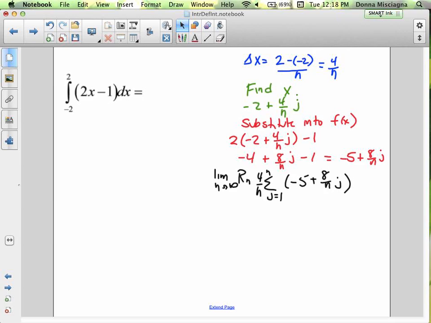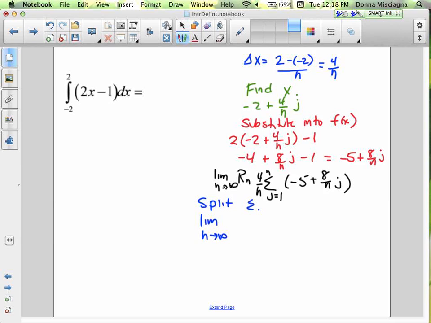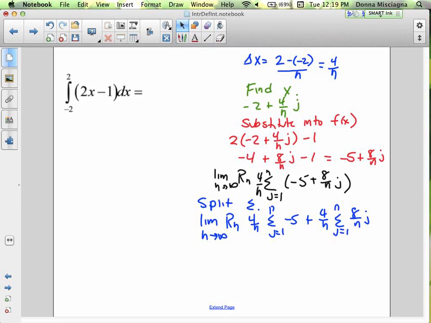Let's split the sigmas. So we have the limit as n approaches infinity of 4 over n sigma j equals 1 to n of negative 5, plus 4 over n sigma j equals 1 to n of 8 over n j. Let's factor out coefficients.